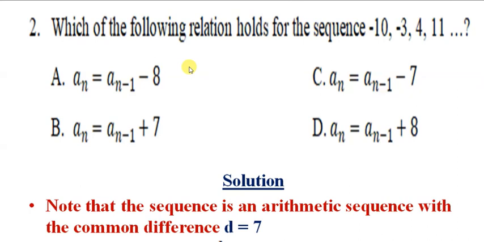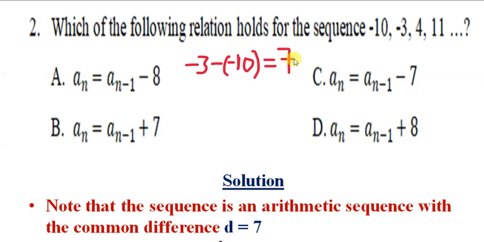The first thing is to subtract minus 10 from minus 3. We are going to check whether the successive terms of the sequence give us a constant number or not. Here, minus times minus, as you can see, is positive. It is therefore minus 3 plus 10, and the result gives us 7.